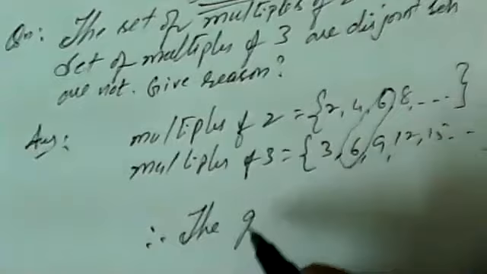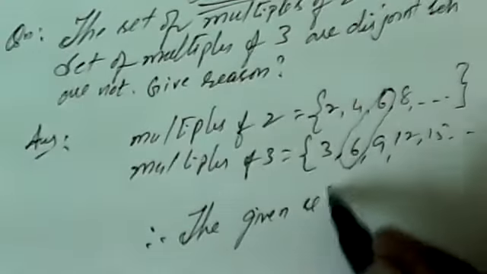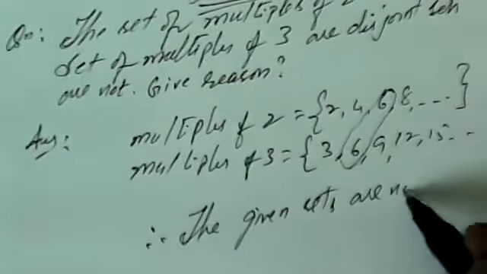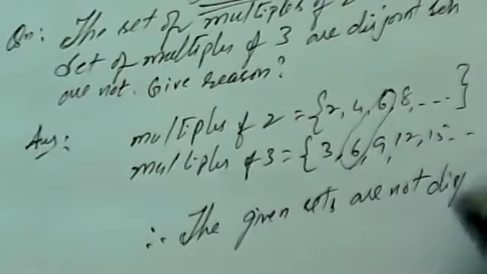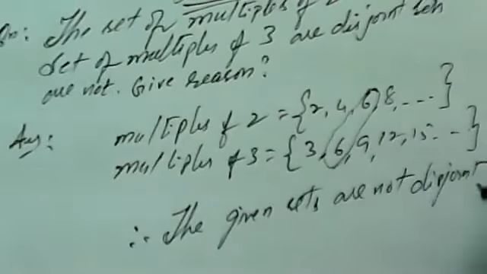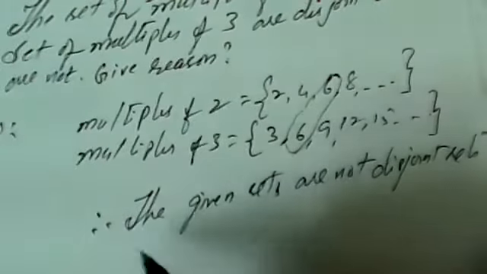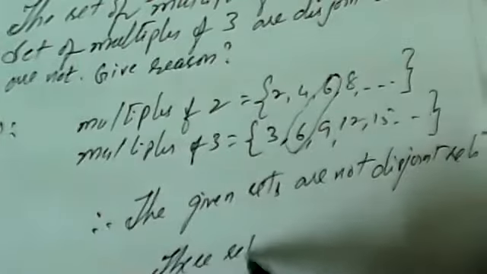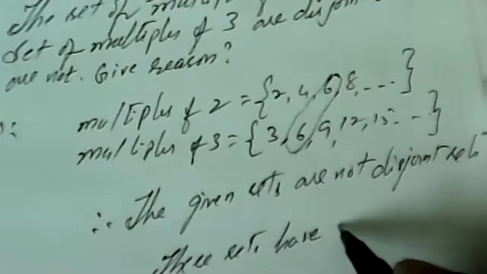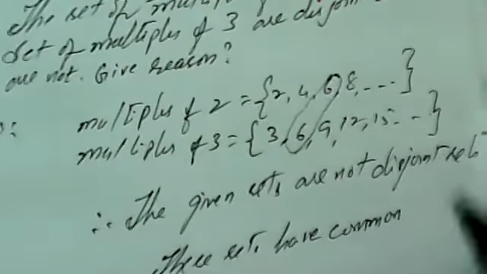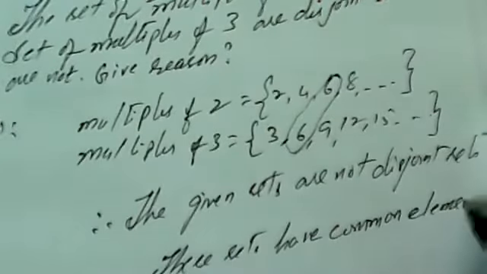The given sets are not disjoint sets. What is the reason? The reason is that disjoint sets should not have any common element, but here these sets have common elements.